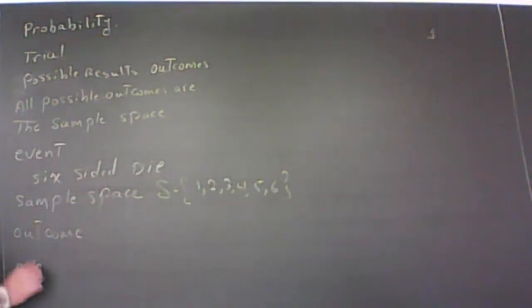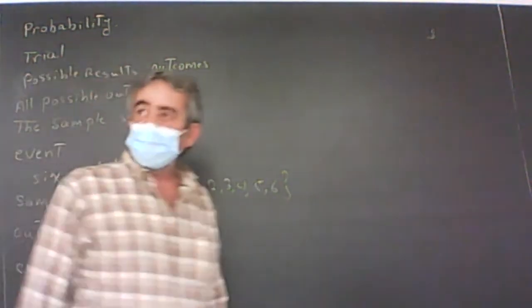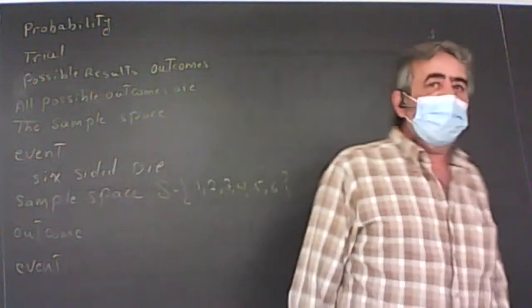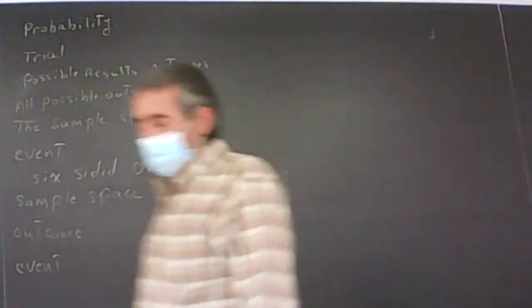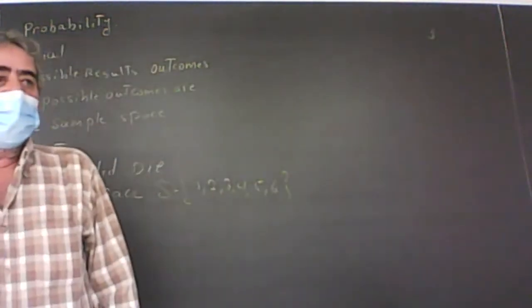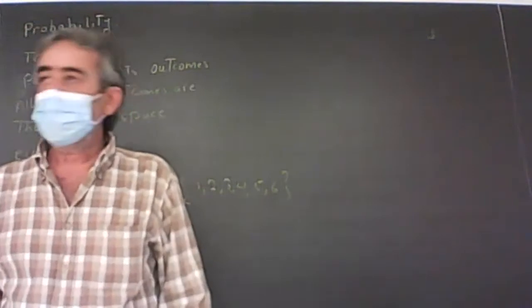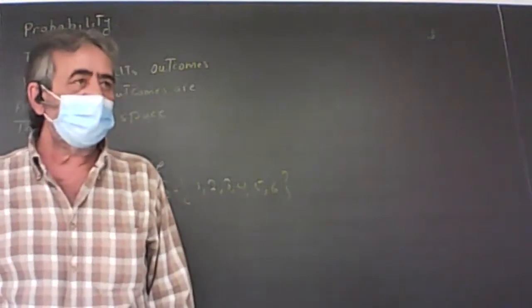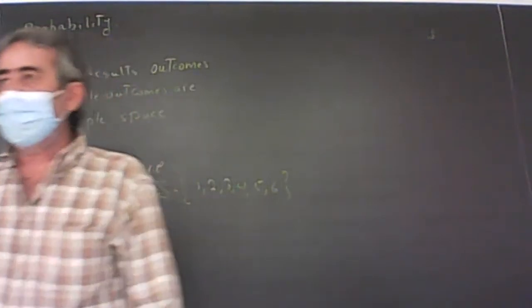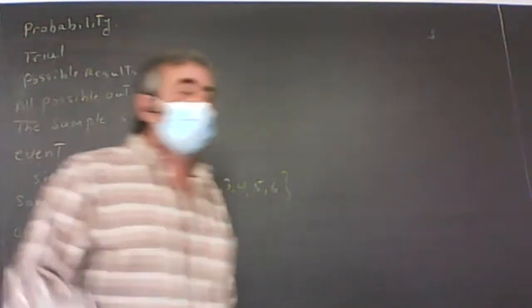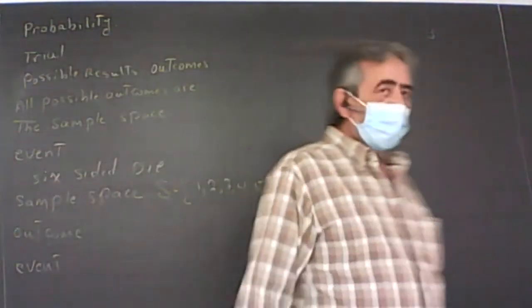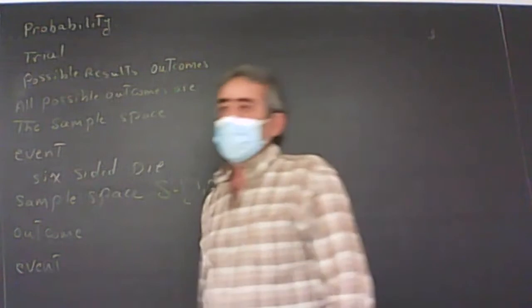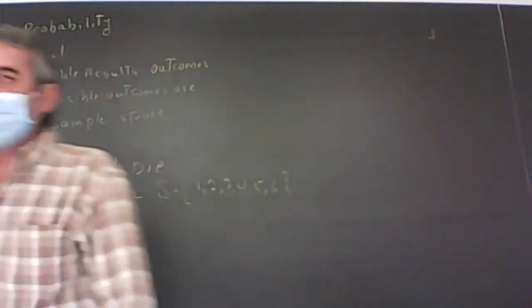The event is what I wanted to happen. Suppose you're playing a game with a die, and if you get a 2, you win. Then your event consists of one number, which is 2. But we could have more than one number for the event.